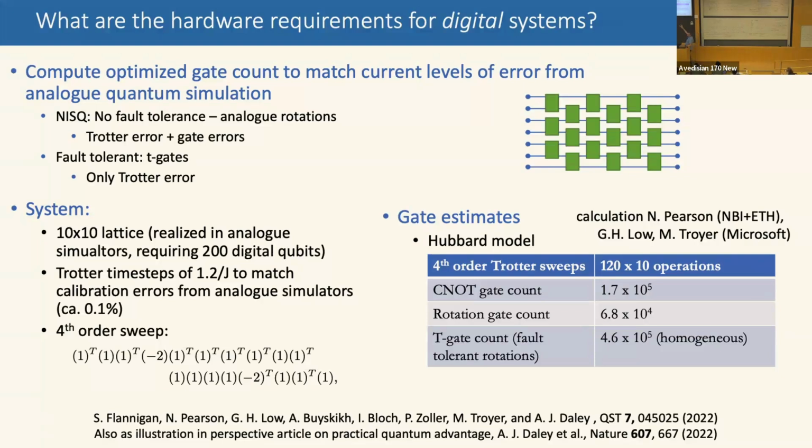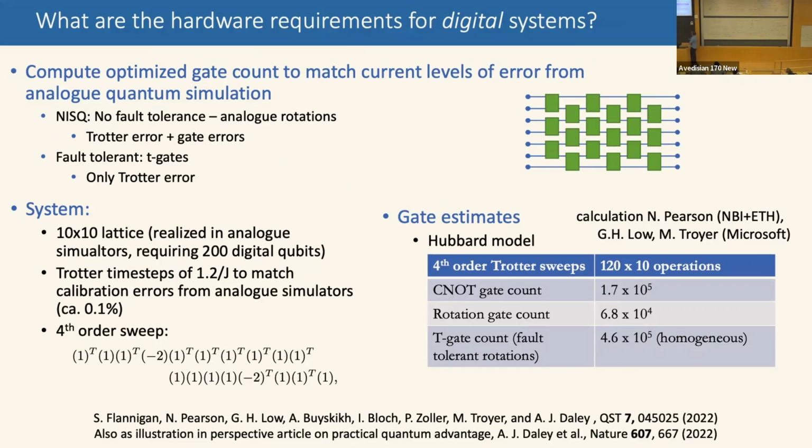And essentially what we asked was, what is the least expensive method that will give us simulations as accurate as the analog machines are today? Now that doesn't require the best algorithms that Dee was talking about, because what you want to say is, I'm happy with quite a big error, I want to have the fewest possible gates. So we were optimizing for something different than what most people were doing.